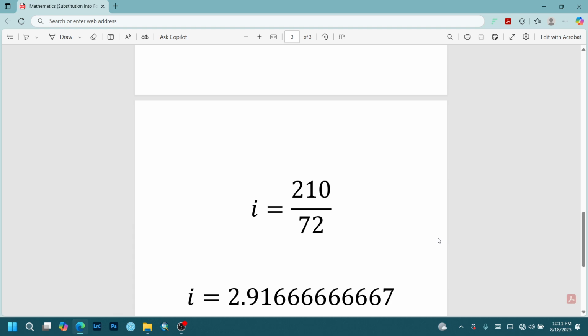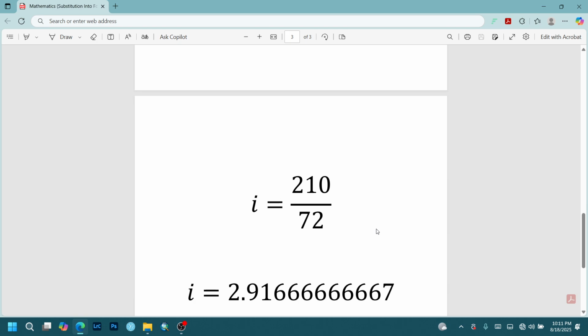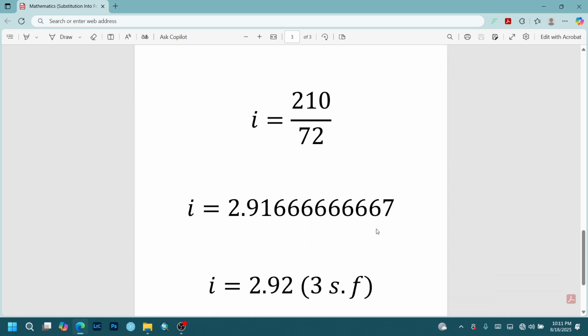So our I is going to be 2.916666666667, right? That's our answer. And putting our answer into three significant figures will give us our I to be 2.92, because these 6 and 7 are higher than 5, right?